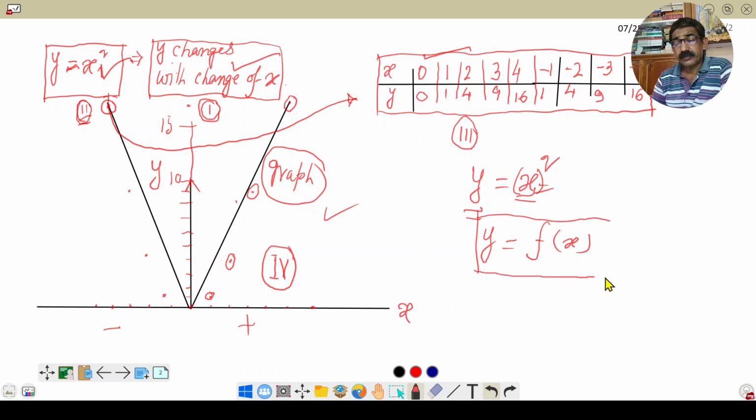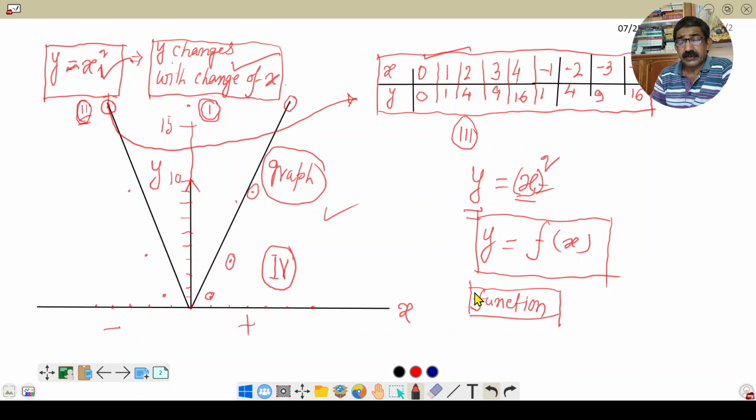Though the mathematical definition of function is different from this function. The mathematical definition is more rigorous and more concrete and demands more attention to understand the idea of mathematical function.